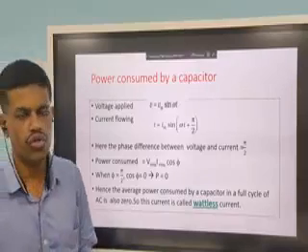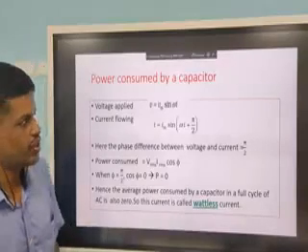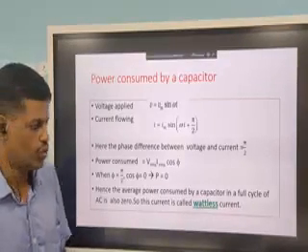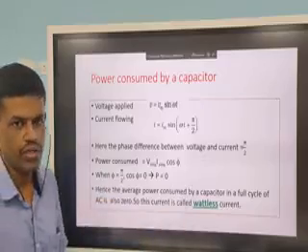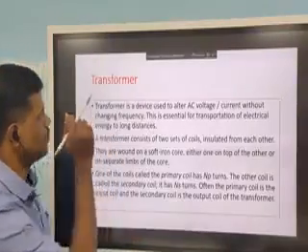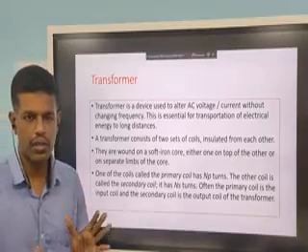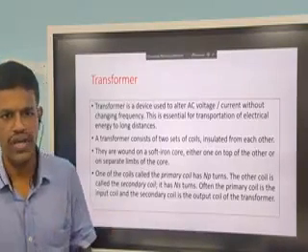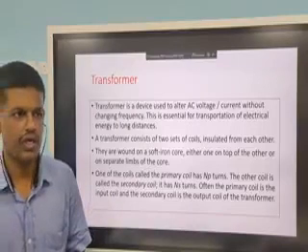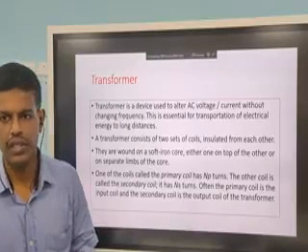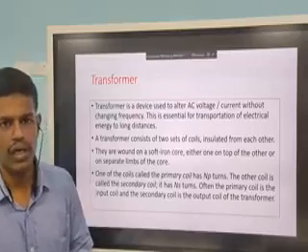Similarly, we can also show that the power consumed by a capacitor is also zero. It is also a wattless current. So these are some important advantages of AC. We have seen that we can control AC without consuming any power.